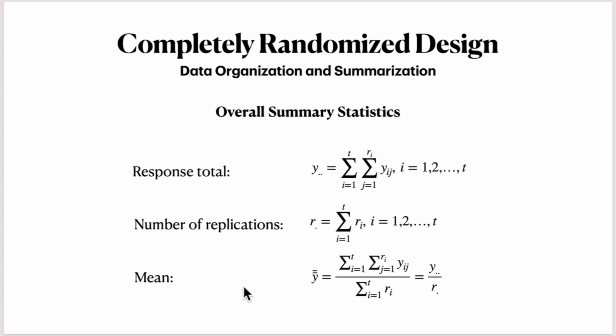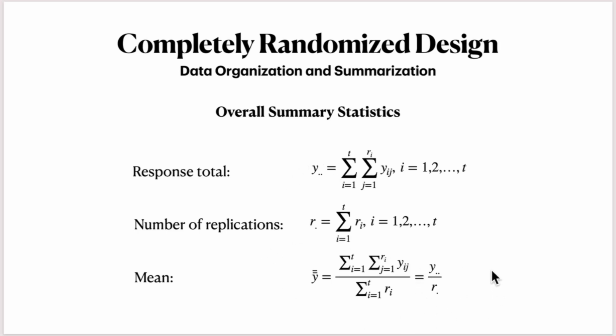We'll denote that by y bar bar, so not a single y bar, but two bars. This is just the sum of all of the observations divided by the total sample size, which we can represent using the summation notation. But you can see that it is somewhat cumbersome. It's more easily represented using this simplified notation.